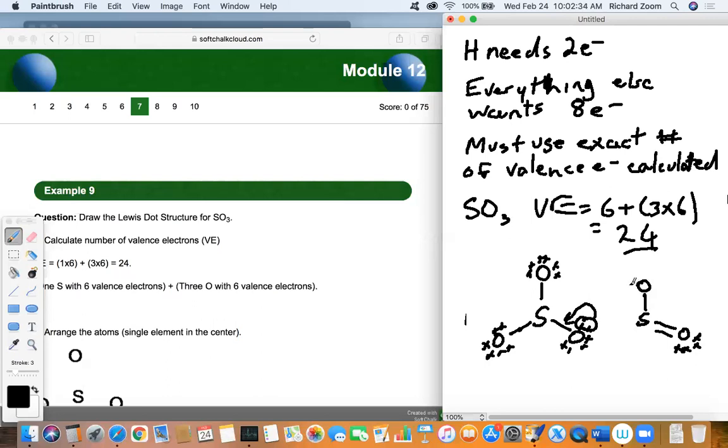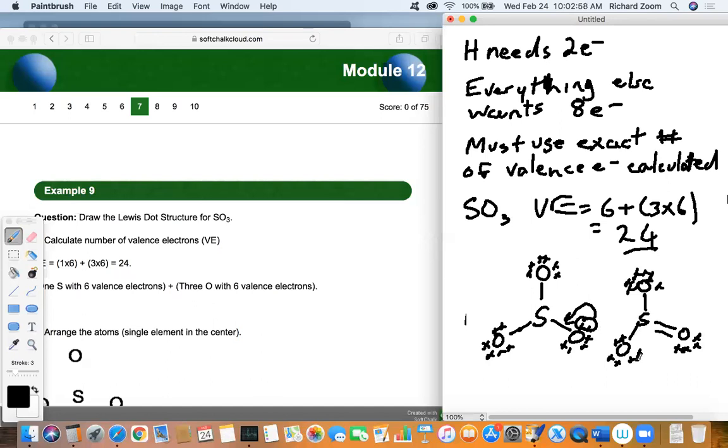This is often the most confusing thing for students, because they're always wondering, when do you do a double bond and when don't you? Well, if you've used up all your electrons and the central element is still unhappy, then you need a double bond. That's how it goes.